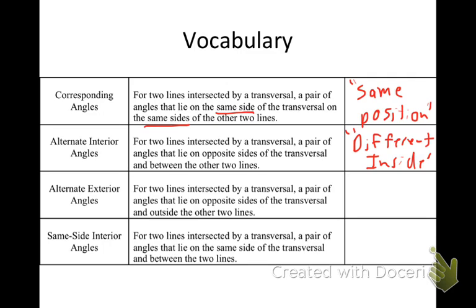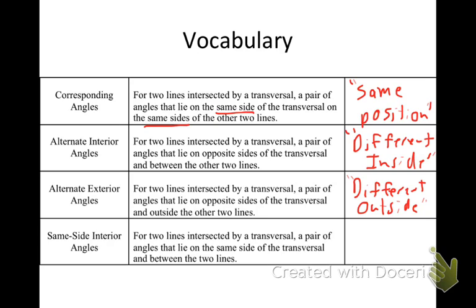Alternate exterior angles. Well, what's alternate mean again? Different. Exterior means outside. So I would say they are different outside angles.